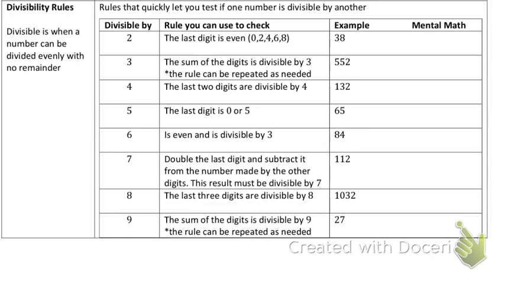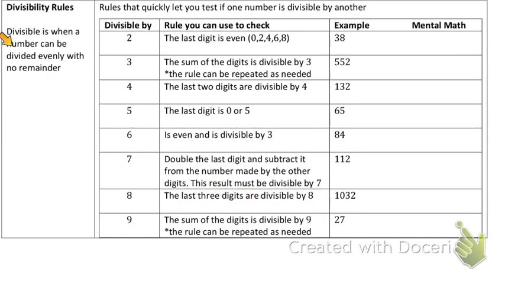If you look at this chart, in this column, if this rule works, then that means it is divisible by this number. So that means one of these numbers is a factor pair. Okay? So I'll let you scroll through the rules just to read through them. And this is a very, very useful tool, especially if you're trying to find factor pairs. So go ahead and scroll through these, look at this, and go from there.